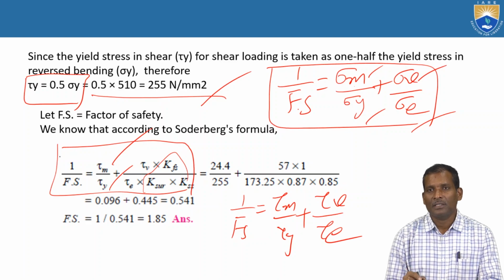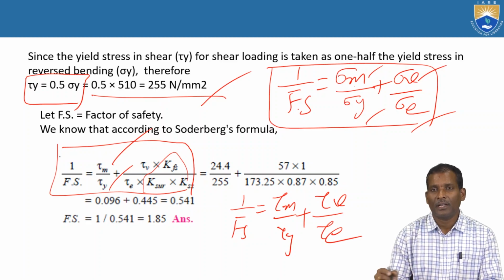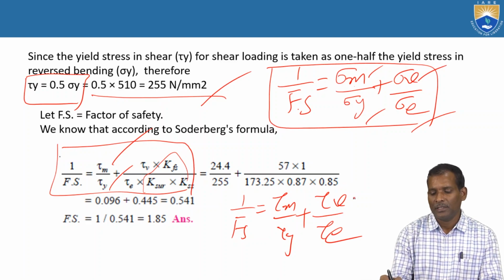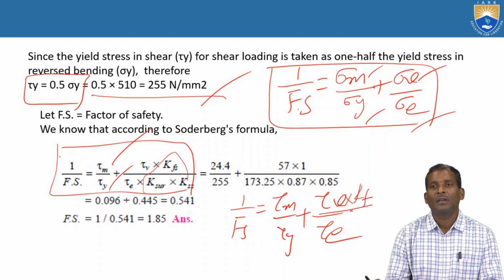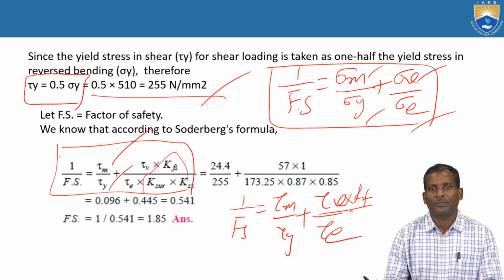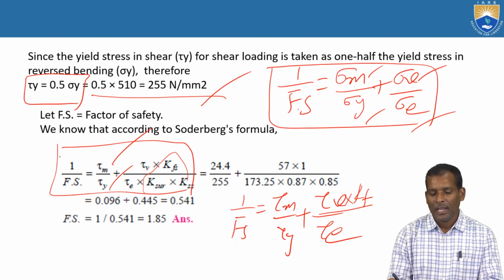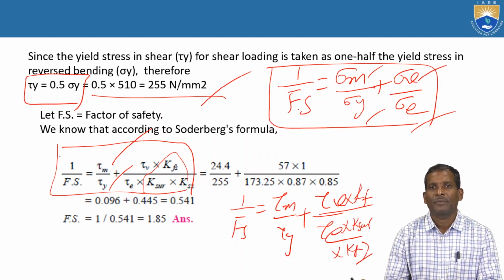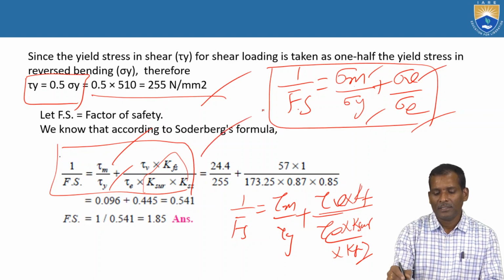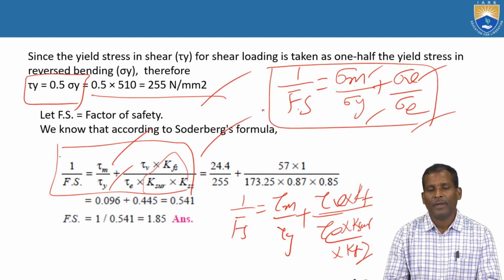But here we are considering the fatigue stress concentration factor and other factors, so the variable stress is multiplied with the theoretical fatigue stress concentration factor, the surface finish factor K surface and the size factor K size. So it is written like this, and substitute the values.